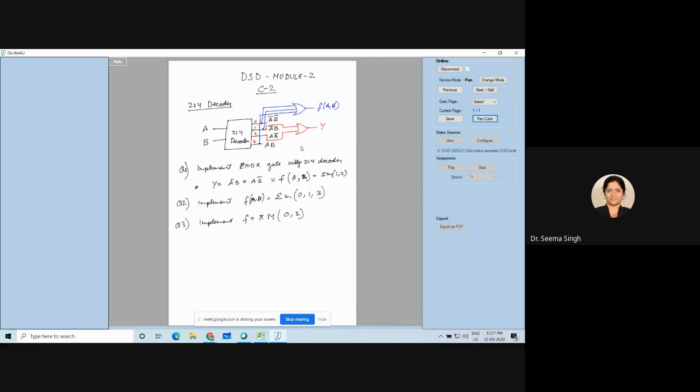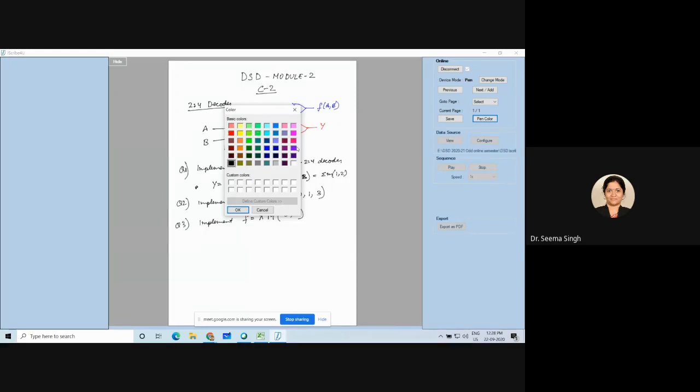So now when 0 and 2 come into the picture, it should give me a 0. Which gate will give me a 0? NAND gate, ma'am. If you're getting high, to make it a 0, we need a NOT. NOT after an OR becomes a NOR, right?